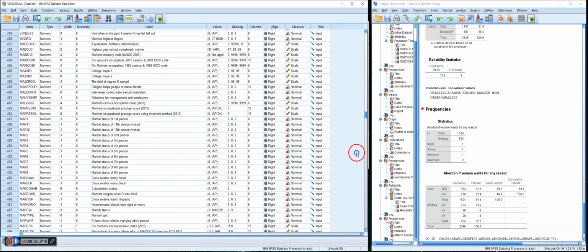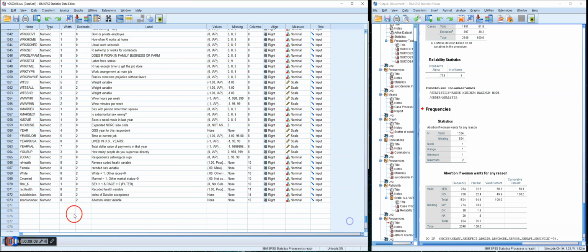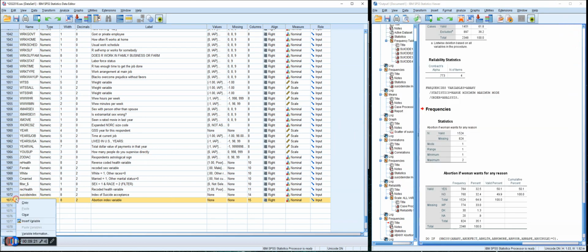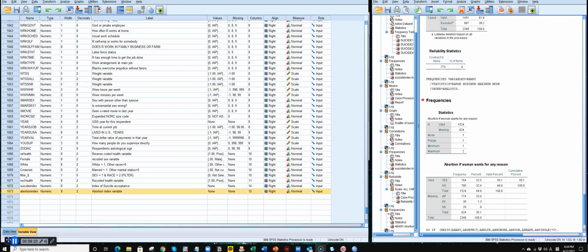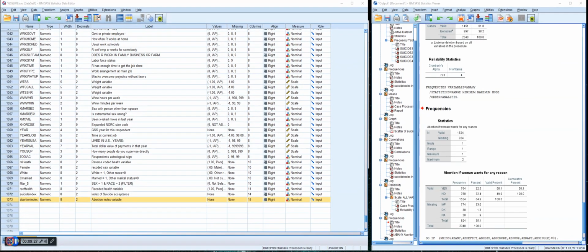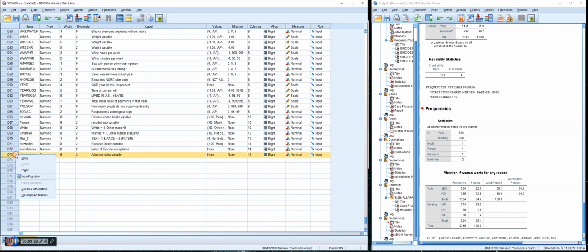Okay, if we go to the bottom of the list, there's the aversion index variable. As we counted from 7 variables, it should have 7 as the maximum value. So let's check.